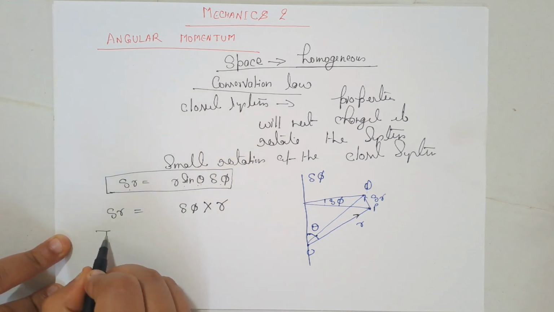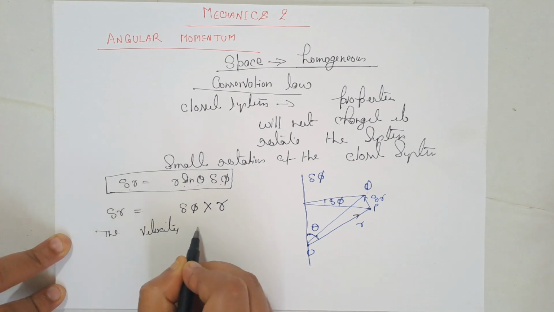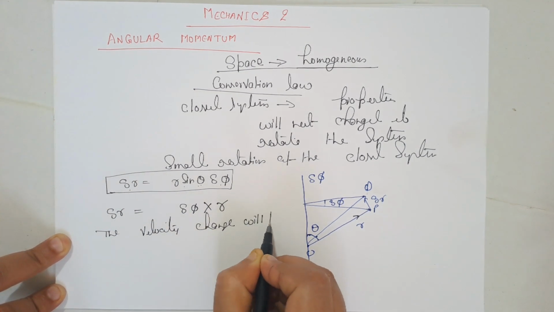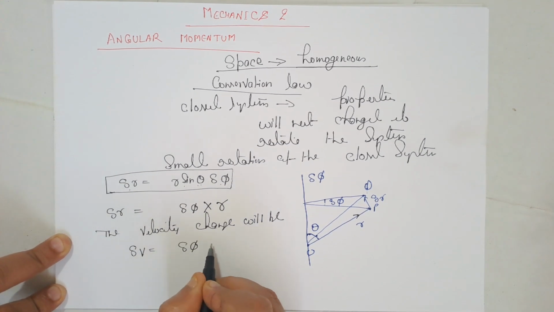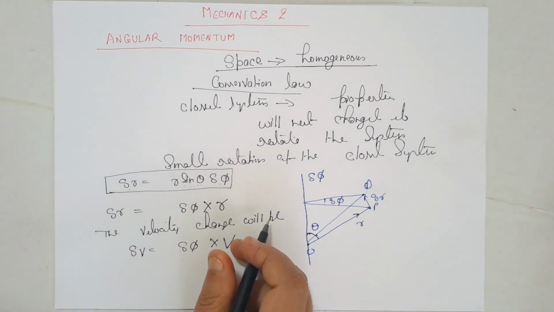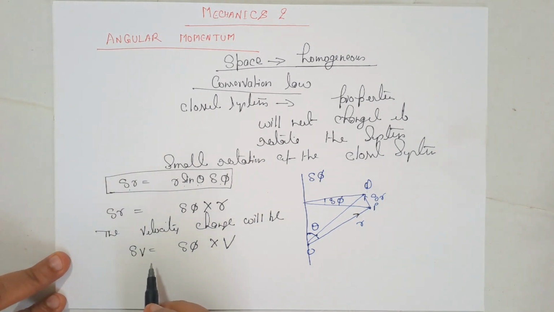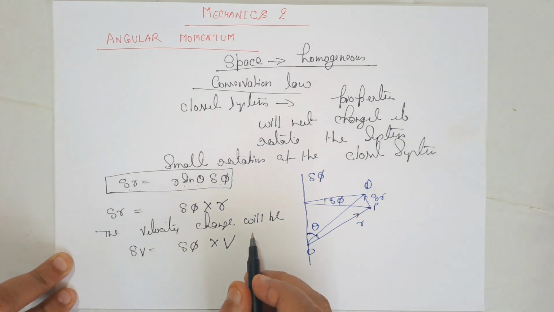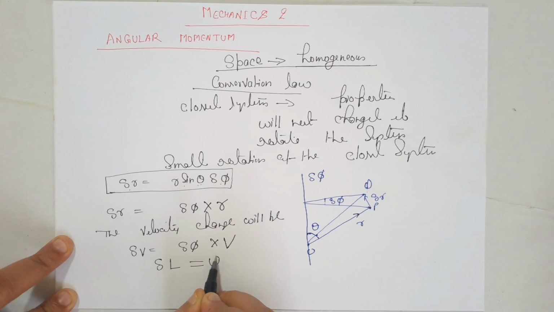In the same way, the velocity change delta v will be delta phi cross v. Now we have to find the Lagrangian in which delta L is 0.